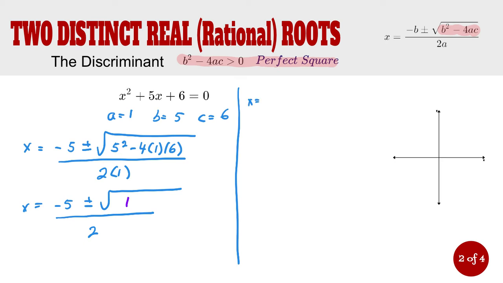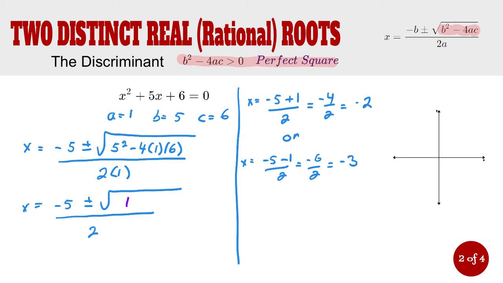So x equals negative 5 plus 1 over 2, which is negative 4 over 2, which is negative 2. Or x equals negative 5 minus 1 over 2, which is negative 6 over 2, which is negative 3. So those are your 2 roots.